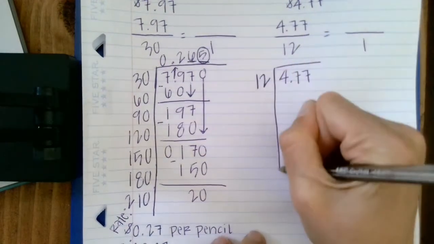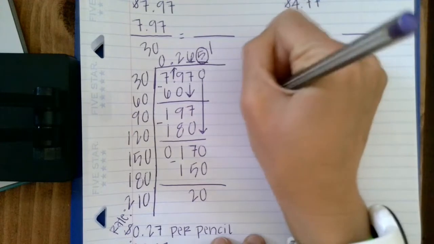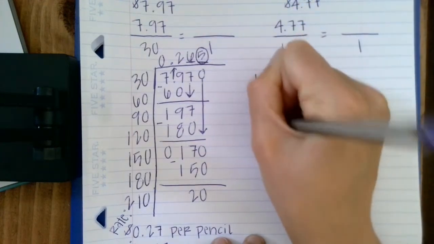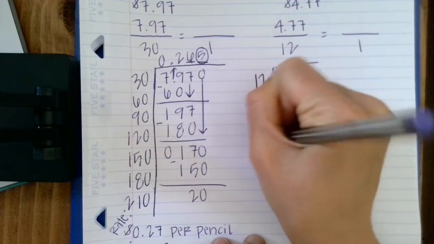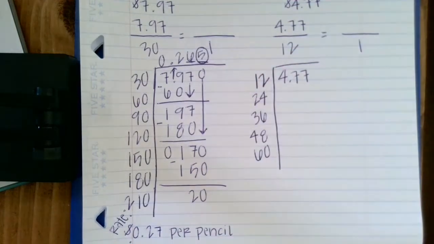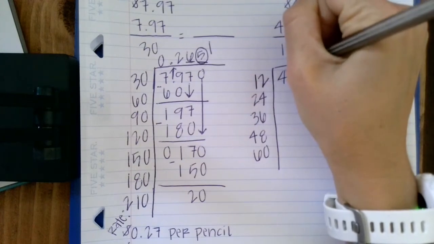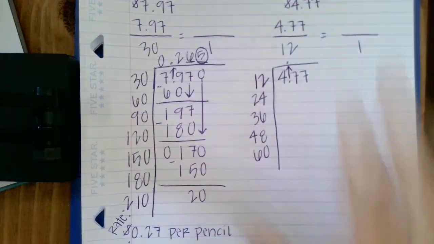And I'm going to go ahead and list the multiples out to the side, knowing that 12 is a little bit easier to work with. So after I've listed these first couple of multiples, I will probably just use my brain power to do the rest. So I'm going to go ahead and move my decimal up.